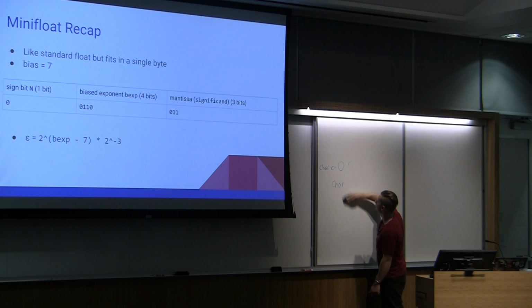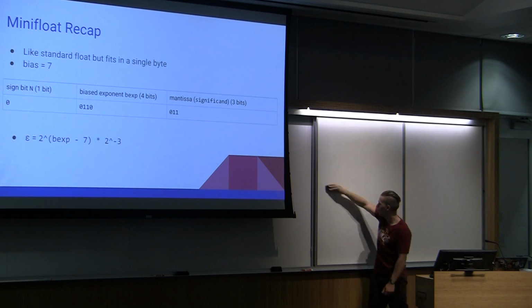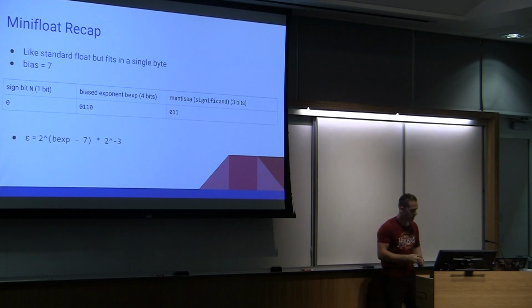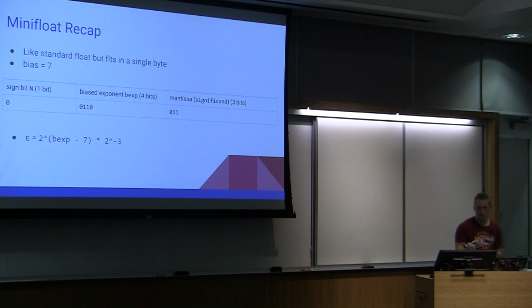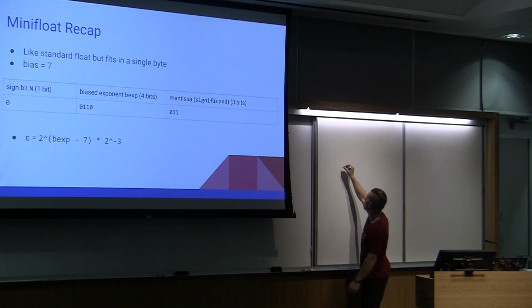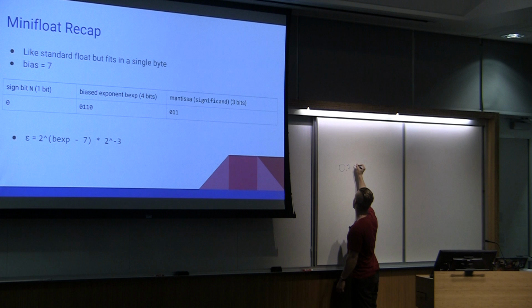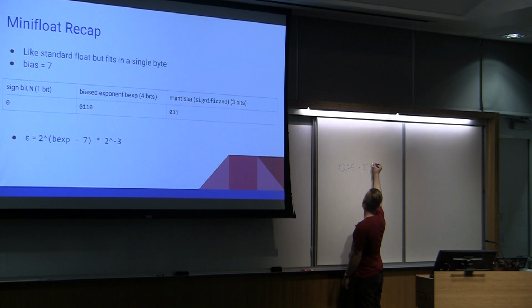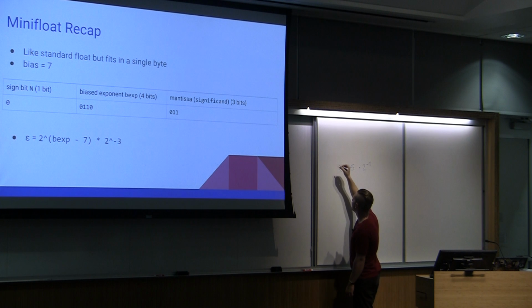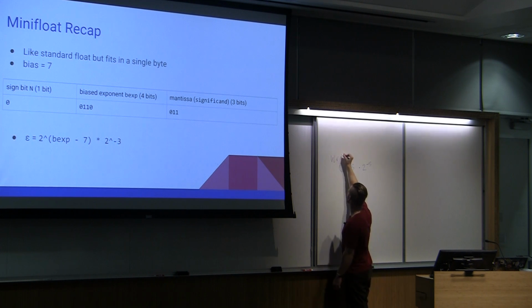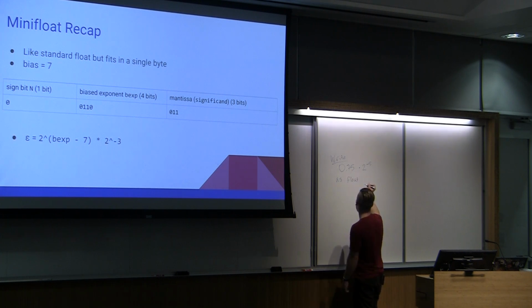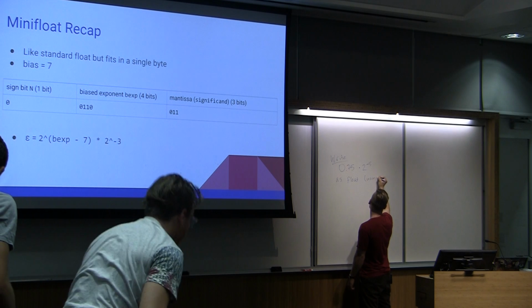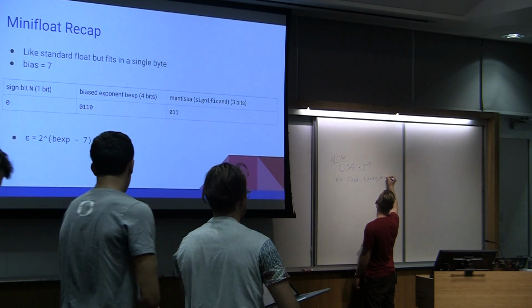Okay, so let's say I want to write the number 0.75 times 2 to the negative 5. So my arbitrary task is to write this as float. And I'm going to say using mini float so that we don't have to write full-size float.